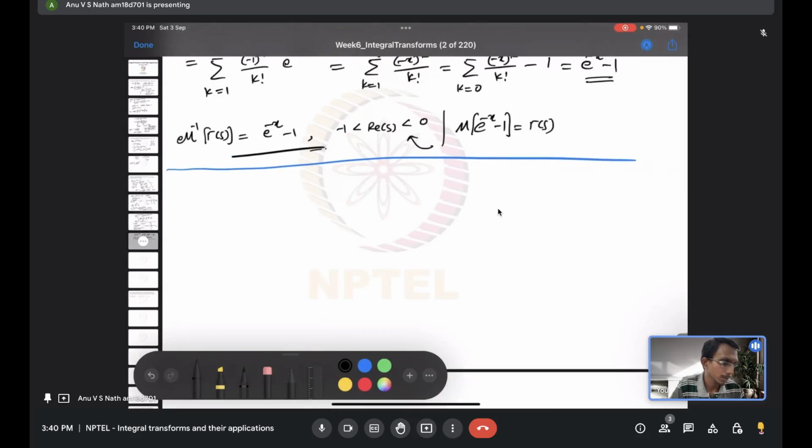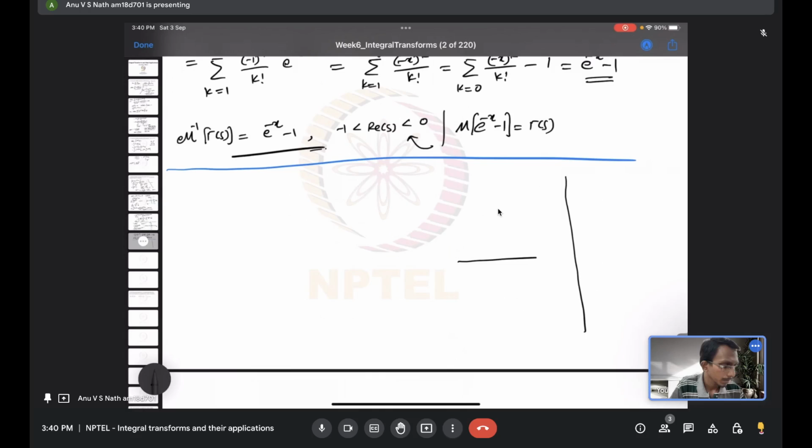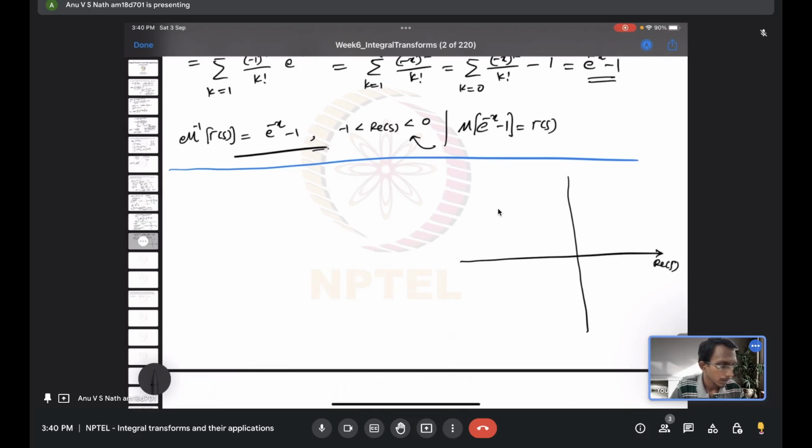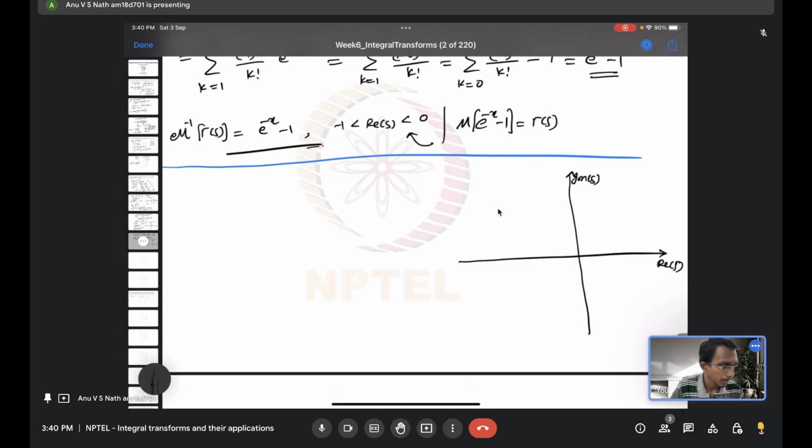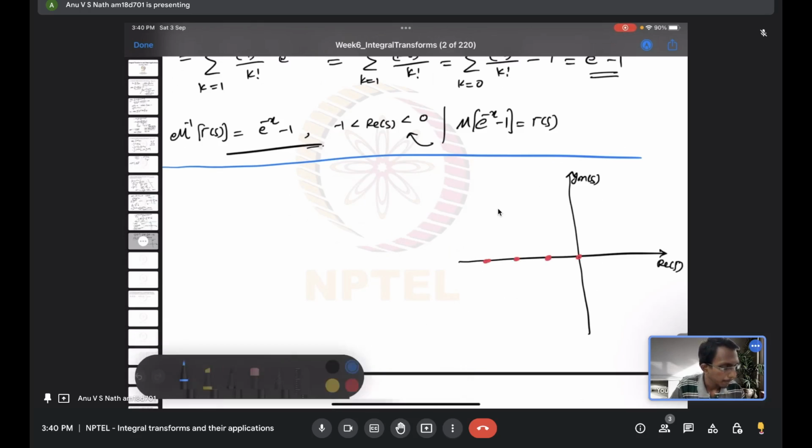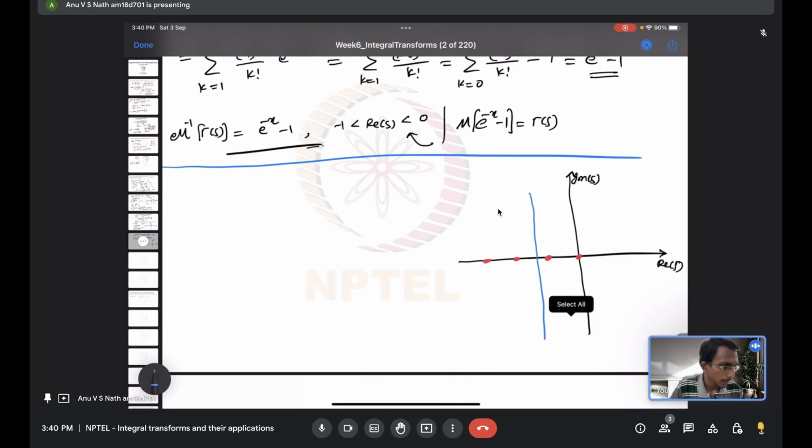So I'll draw the contour again. We have the real of s here and the imaginary of s here, and the poles here: 0, minus 1, minus 2, minus 3. I am again shifting the c, so the integral is performed from c minus i infinity to c plus i infinity, and the contour is closed on the left side.